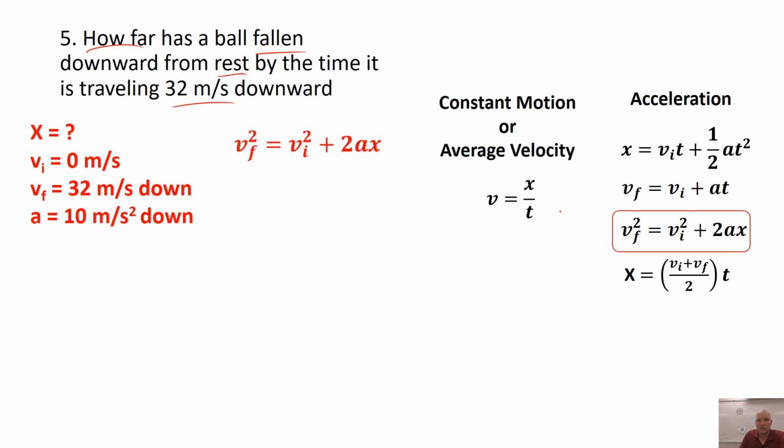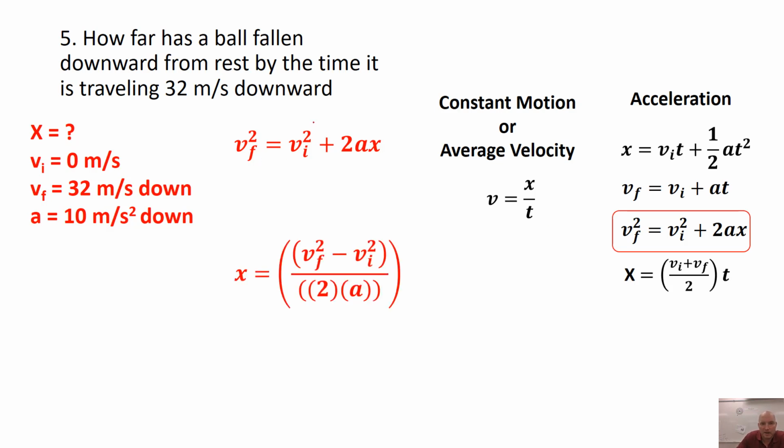So there's only one equation that goes with these variables. Once again, these four things are all found in this equation, just like a reminder from before. If you're having any trouble at this, you might have to go back to the accelerated motion lesson. Spend a little bit more time on it. Then you pick your variables. Now this is where the math gets a little funky, and that's why I wanted to take a second. So here, what I'm going to do is I'm going to subtract VI squared from both sides.